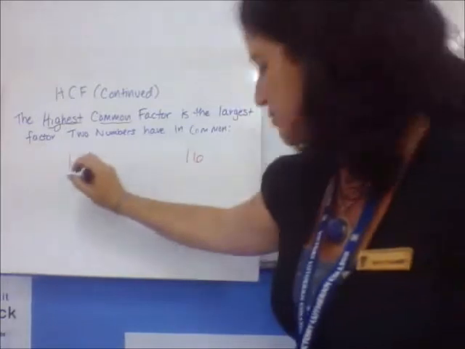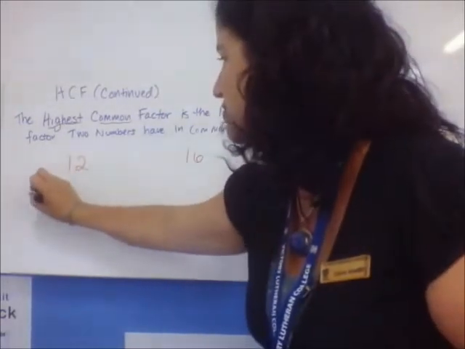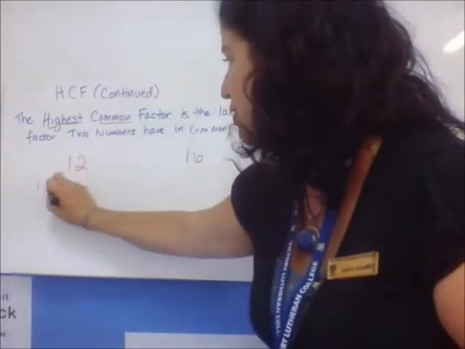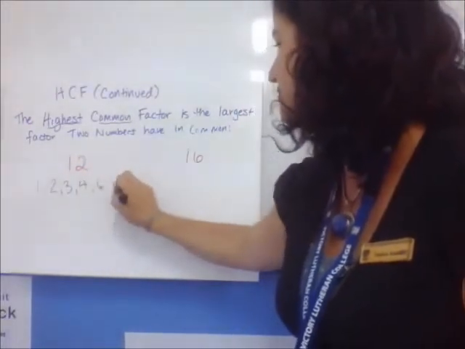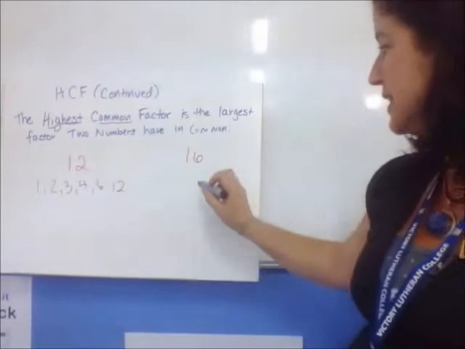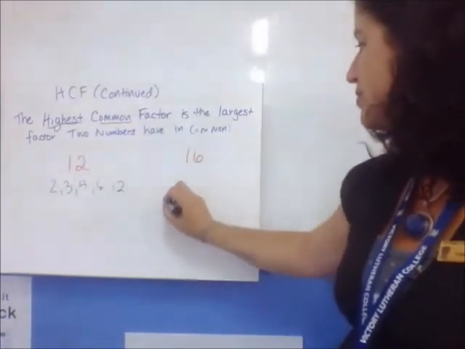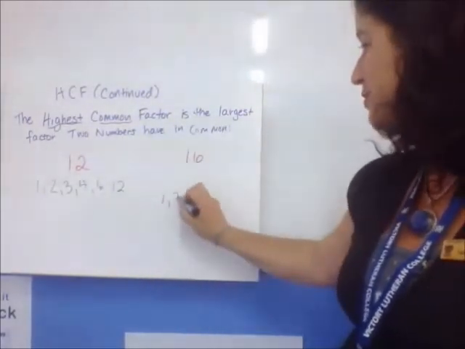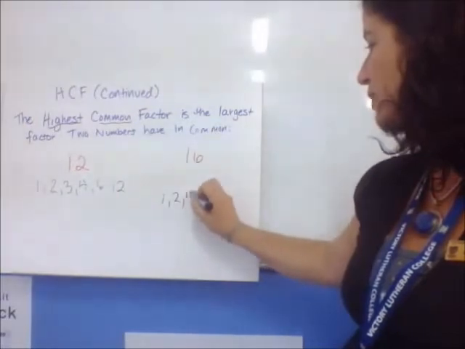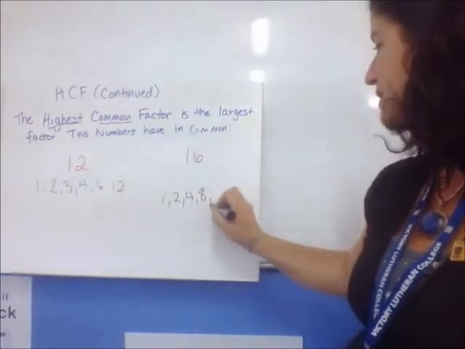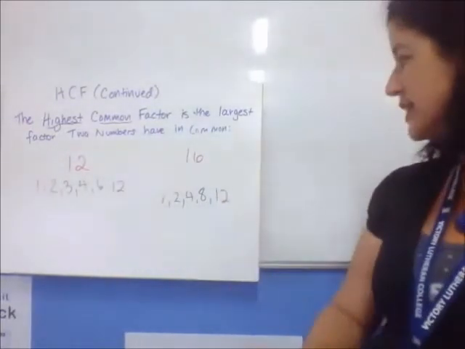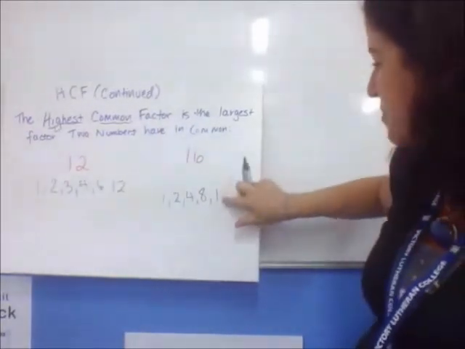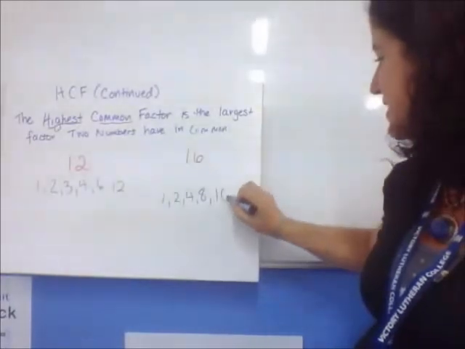So in this instance with 12, we already know that 12's factors are 1, 2, 3, 4, 6, and 12. But what about our friend 16 here? 16, we already know 1, 2, 4, 8, and 16 are all factors of 16.